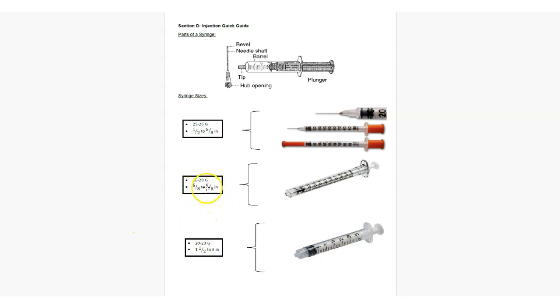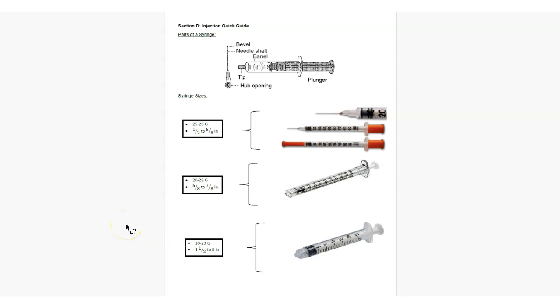So you would use 20 to 28 gauge. Needle length would be 5/8 to 7/8. And then your 3 ml syringe, we usually use it for IM administration. And we usually use 20 to 23 gauge needles. And then the length varies. It can be 1 to 1.5 to 3 inches, depending on the site of administration.